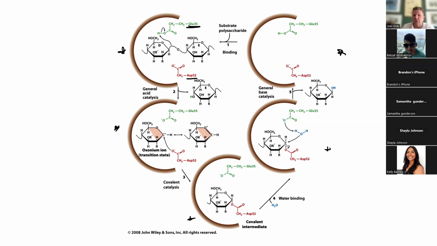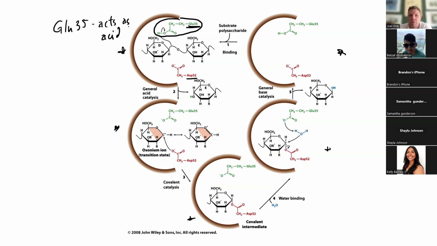Now, remember, this is covalent catalysis. Glutamic acid 35. Let's look at this residue. Oh, it's protonated. Oh, snap. It gives up a proton. It acts as an acid.